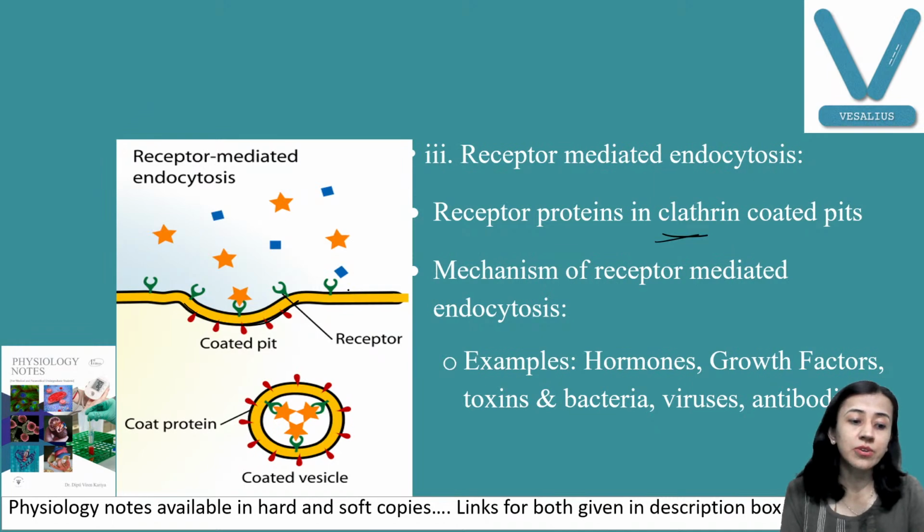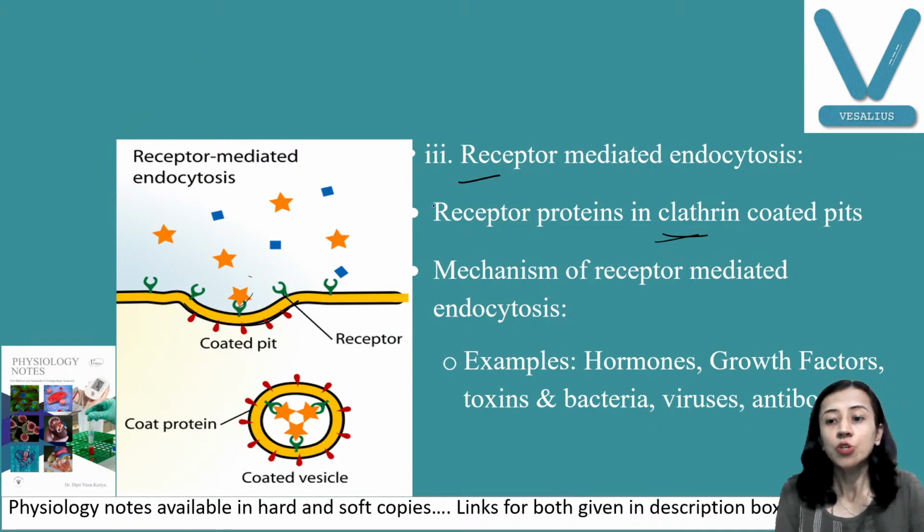This is for a particular substance. Suppose some hormone has to act on a particular cell, so there are receptors for the hormone, and the hormone binds with it. Growth factors, toxins and bacteria are also transported by receptor mediated endocytosis.